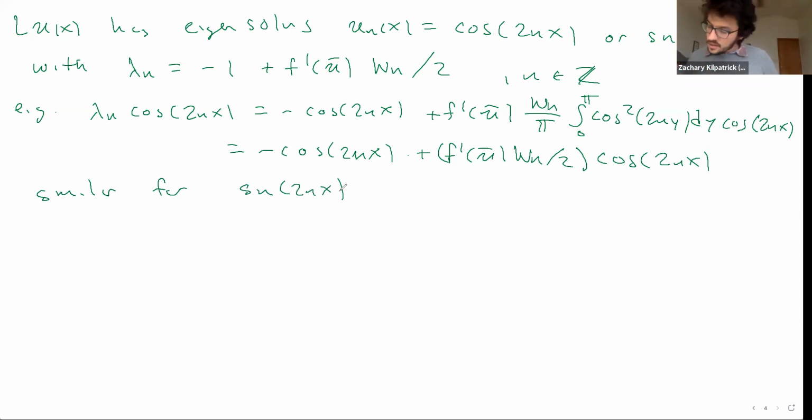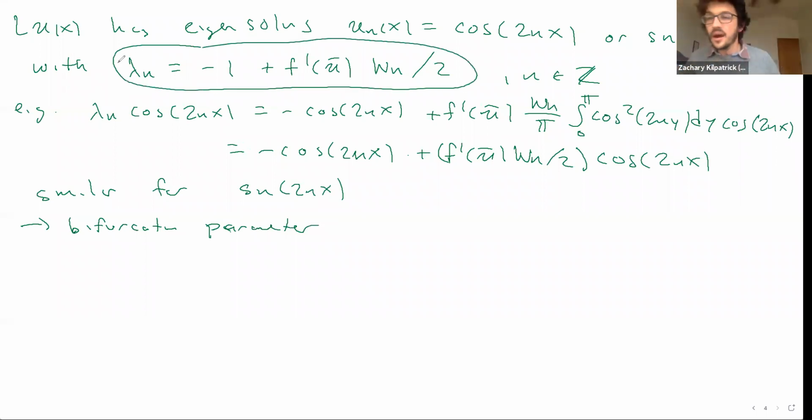So this tells you, and I'm just about done here, that we have a bifurcation parameter in our system. If we look at this eigenvalue, what's going to make that solution unstable? Well, it's if at least one of these eigenvalues has positive real part. So as we change f or as we change u bar, that is potentially going to bring one of these eigenvalues positive.